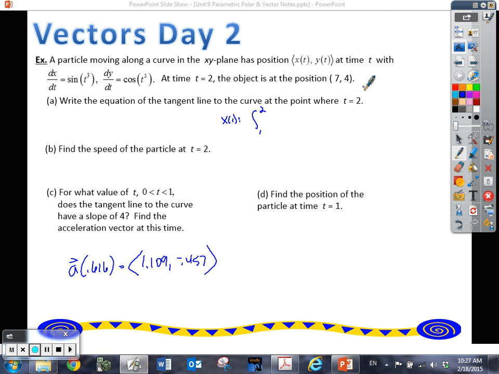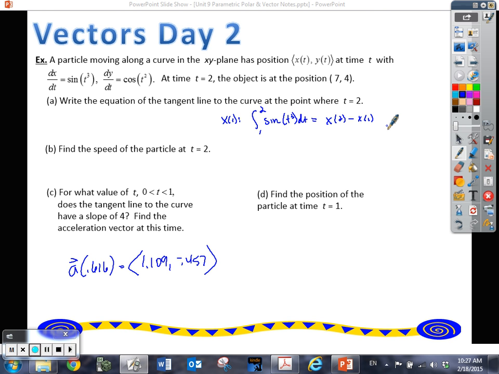It's like my initial condition. I have to use it. So my x1 is going to be the integral from 1 to 2 of sine t cubed dt, and that equals x of 2 minus x of 1.